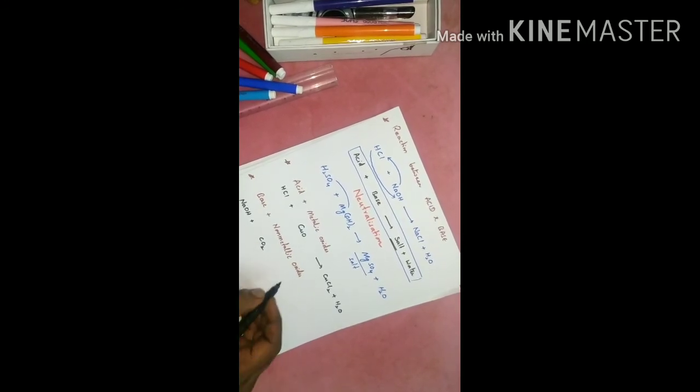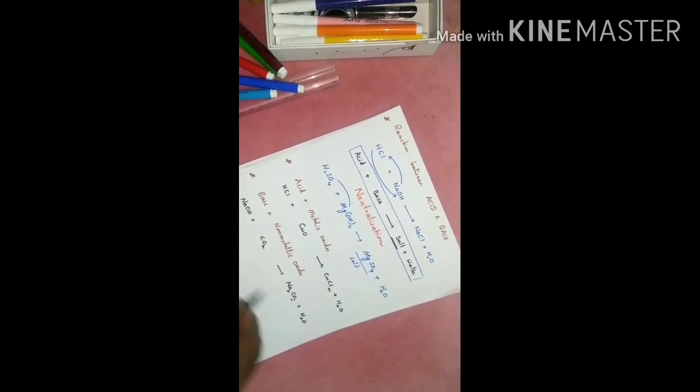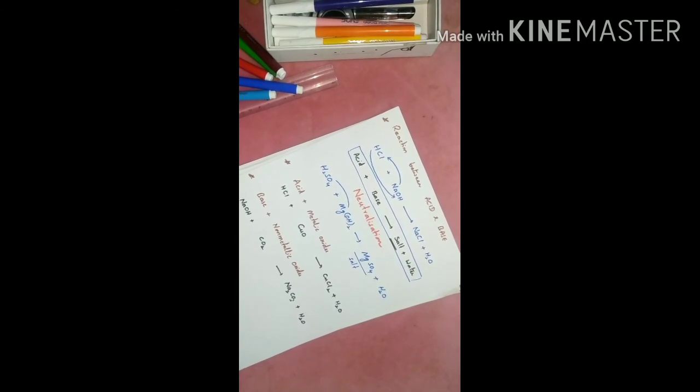Then you will get Na2CO3 plus H2O. Right? Any base when you add to carbon dioxide, a non-metallic oxide, carbon is a non-metal, carbon dioxide is a non-metallic oxide. It forms salt and water.